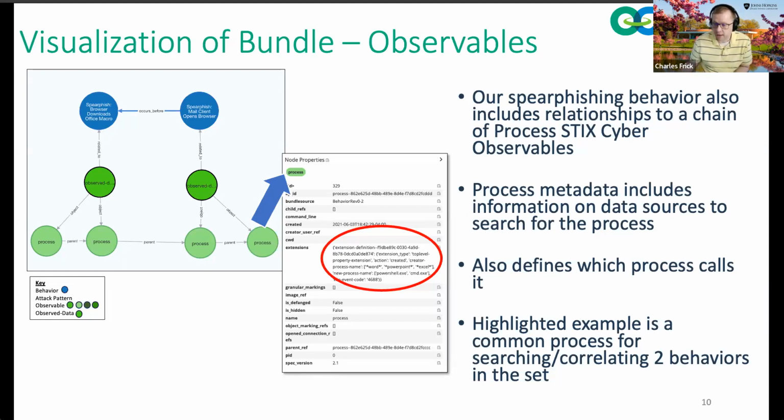This one shows the process of an Office application, Word, PowerPoint, or Excel, spawning a new process from PowerShell or command prompt. So this would be a macro inside an Office document executing code and starting a command prompt.